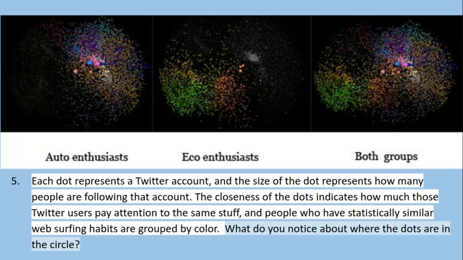The smaller dot, the fewer people are following them. The closeness of the dots indicates how much those Twitter users pay attention to the same things. So they're following the same things, the same kind of articles. If they're really close together, then they are very much looking at the same kinds of things. If they're far apart from each other, then they're not looking at the same things.